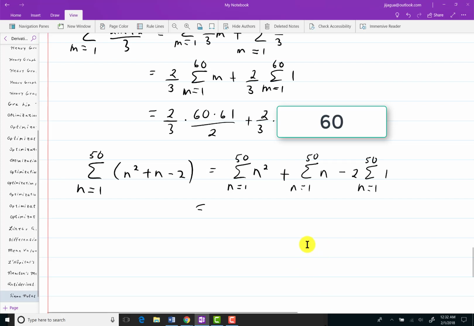Okay, so for the first collection here, I'll use the formula for n squared. So that'd be 50 times 51 times, now 2 times this plus 1 would be 201, not 101, all over 6, plus, now for this portion of it, I'll have n times n plus 1 over 2, so 50 times 51 over 2, finally, minus 2 times 50.